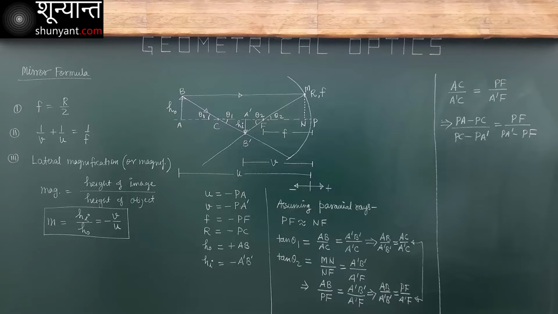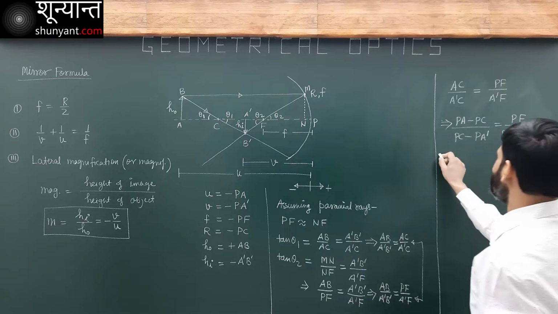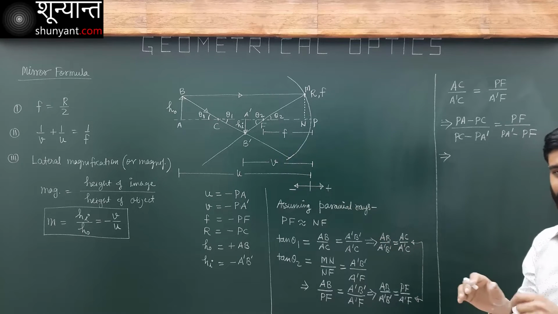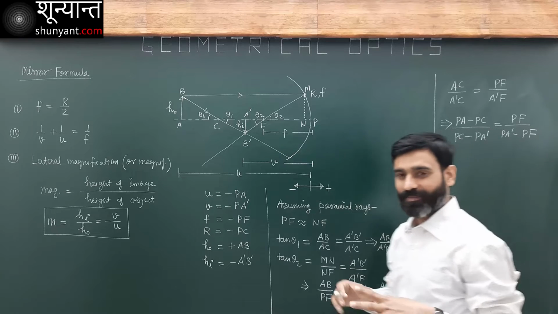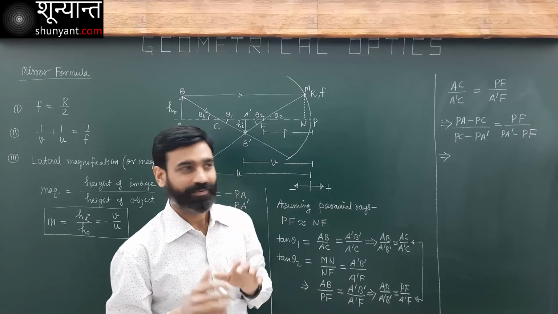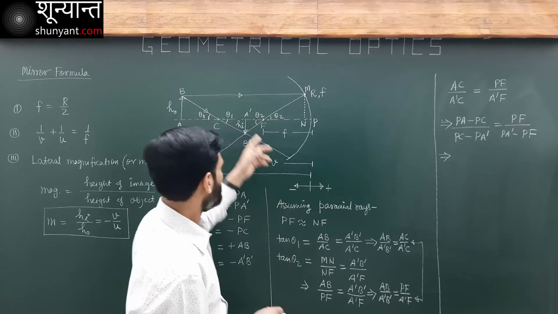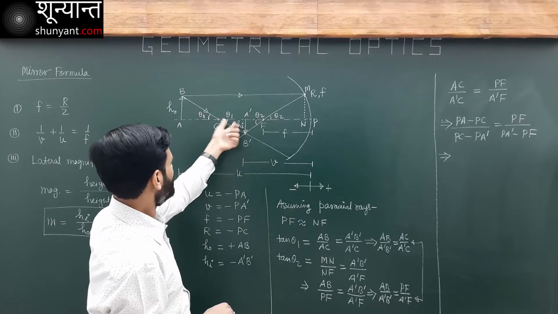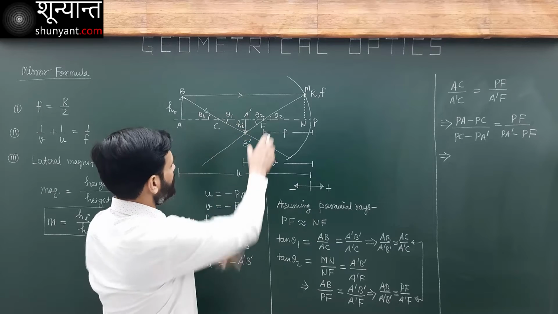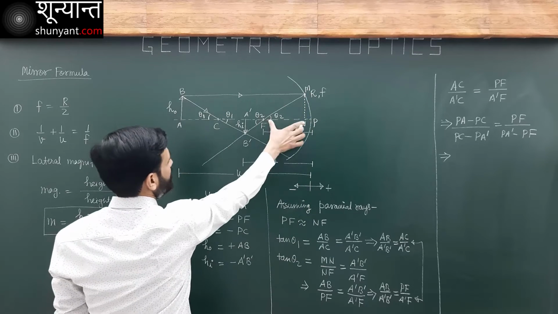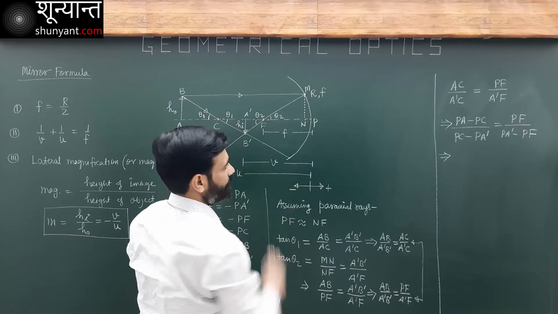Where we are heading towards, you will see soon we are going to get this result. This is derivation. First time it may appear a little difficult, but when you do it on your own, it will become very easy. Just remember how we are doing it. Tan theta 1 from these two triangles, tan theta 2 from these two triangles. This is going to be equal to this, and this is going to be equal to this FP.